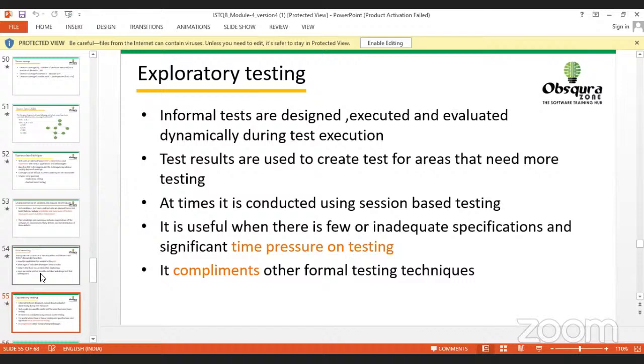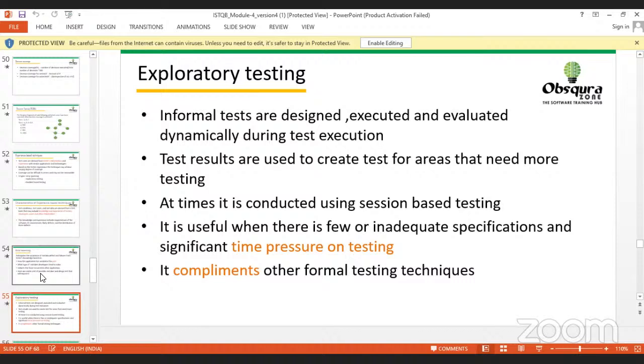So you find that a certain booking module or adding to cart module or the billing module, there are different modules, right? We make use of the test results to create tests for areas that need more testing. If you feel that there are some missing or incompleteness in some particular modules, then you add more test cases for that. At times it is conducted during session-based testing.